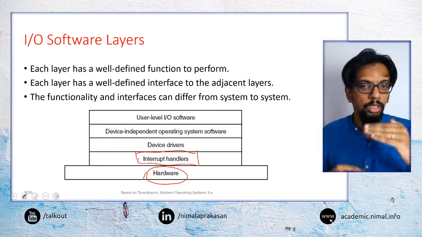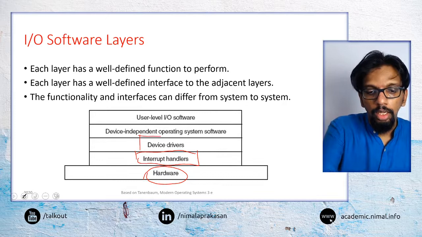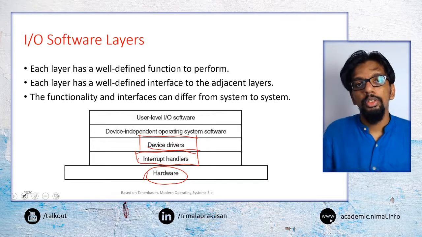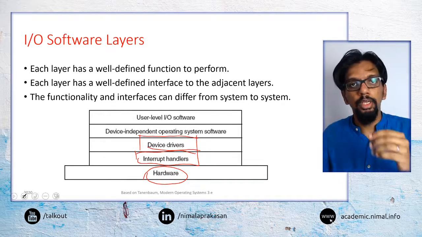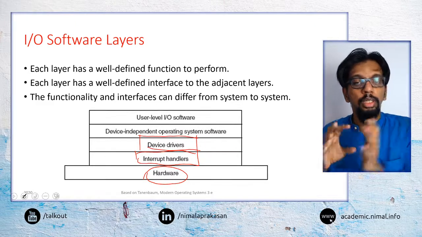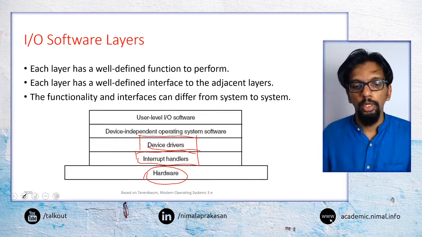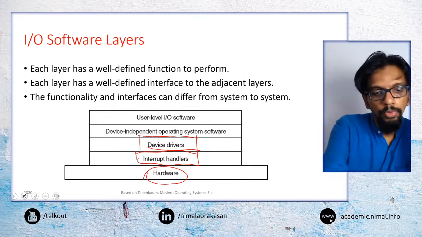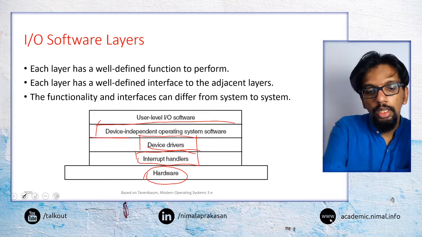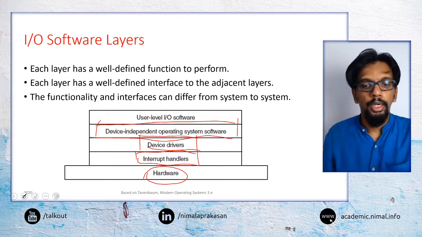Beyond that, we would have device drivers. These are device specific software components that coexist with the operating system components. Then above that, we would have the device independent operating system software.